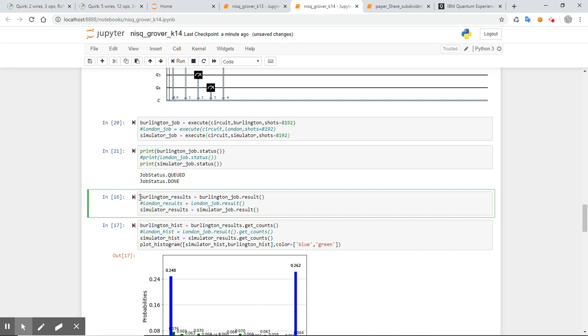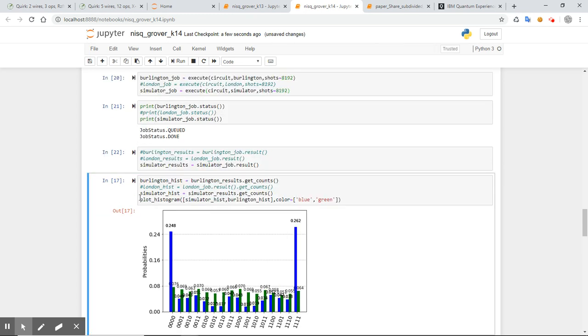I think I just want to take a look at the simulation, okay? I'm basically going to need to do that. I don't know if the real device is being used right now.